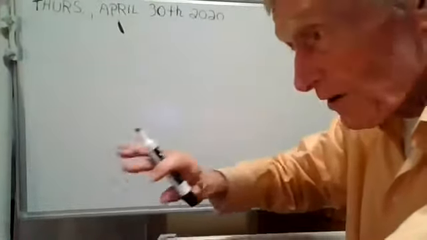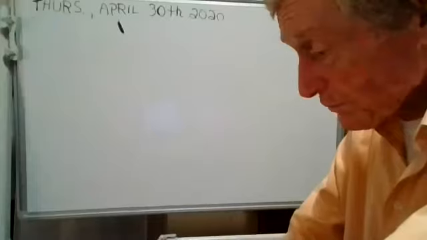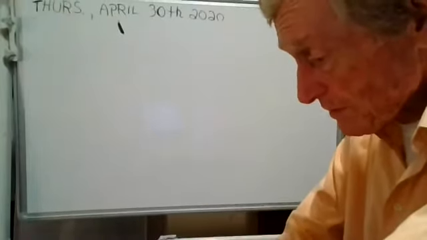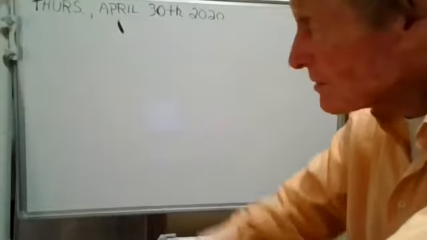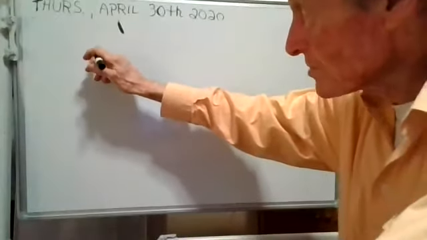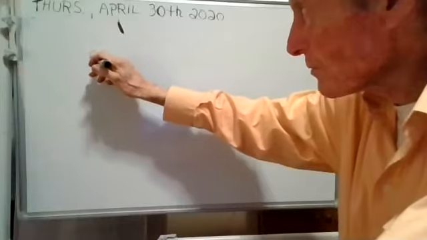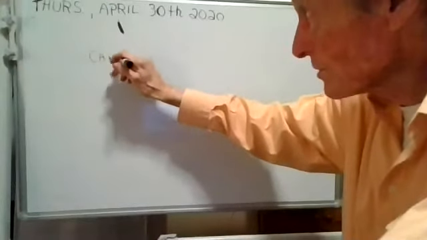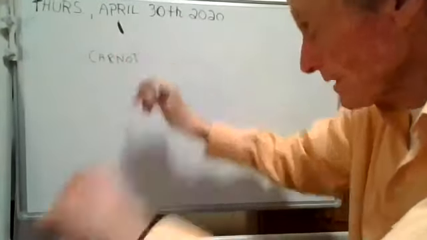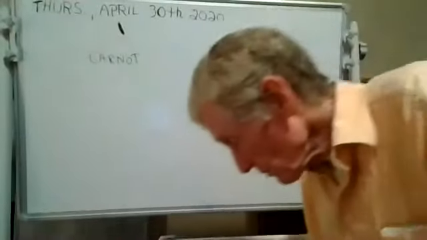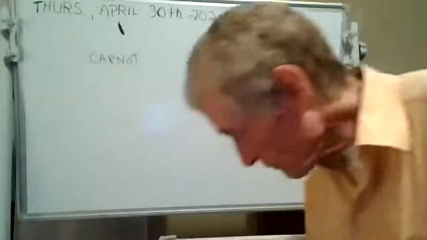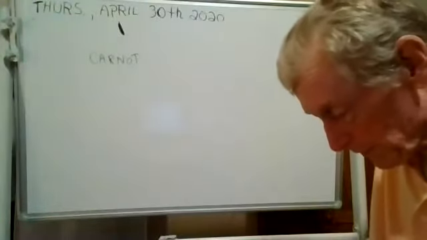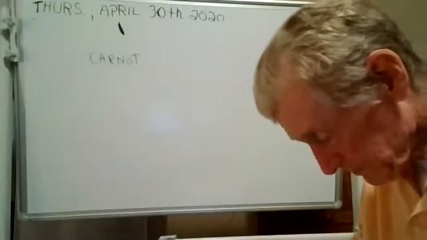Okay, now on your final, which we'll put on Blackboard Sunday afternoon, I hope, there's going to be a cycle. Now, here's the cycles we've studied. We've studied Carnot, which we're going to do here in just a minute. In fact, it will be problem, let me see if I can find it here. I picked out a problem.